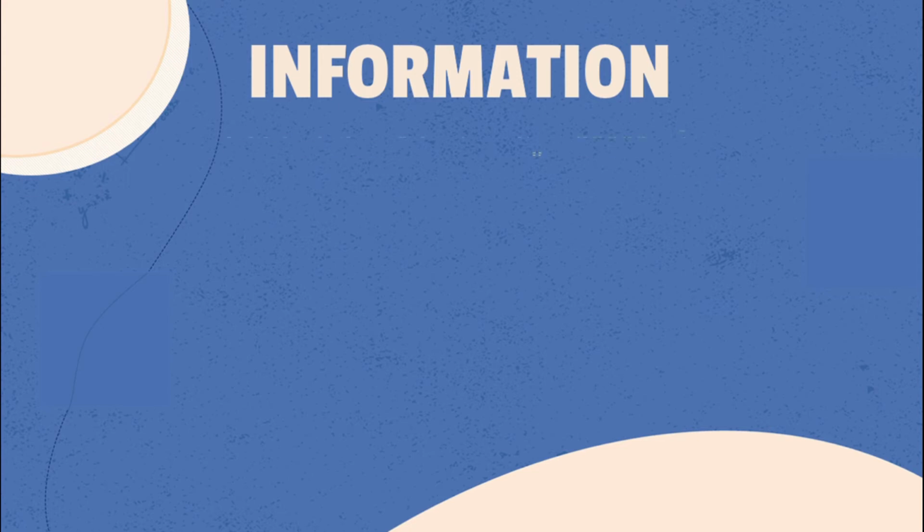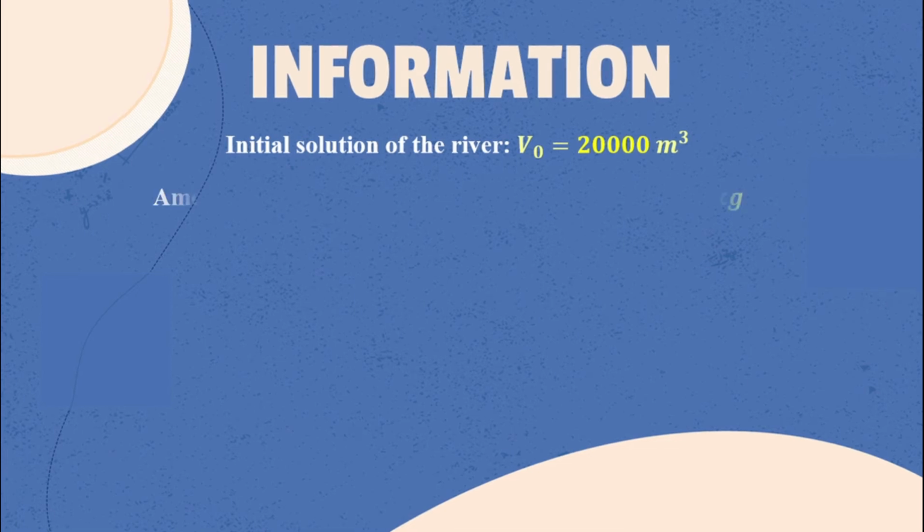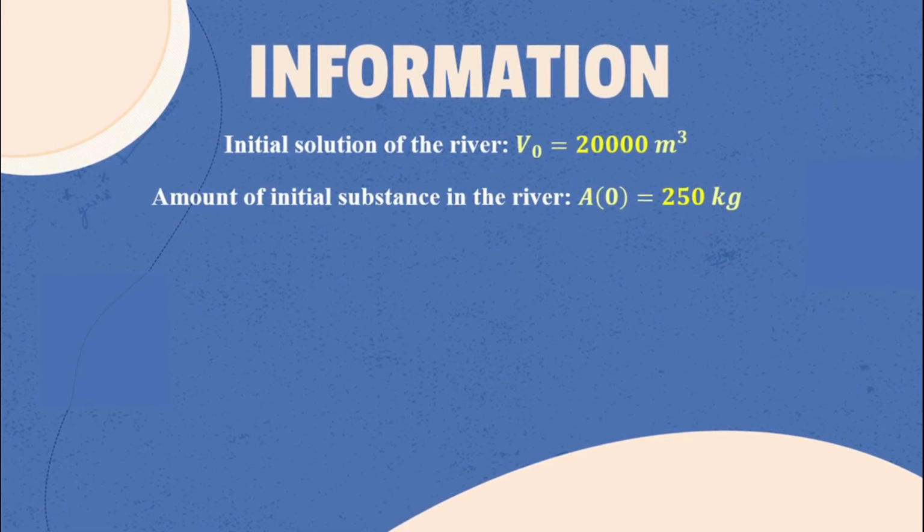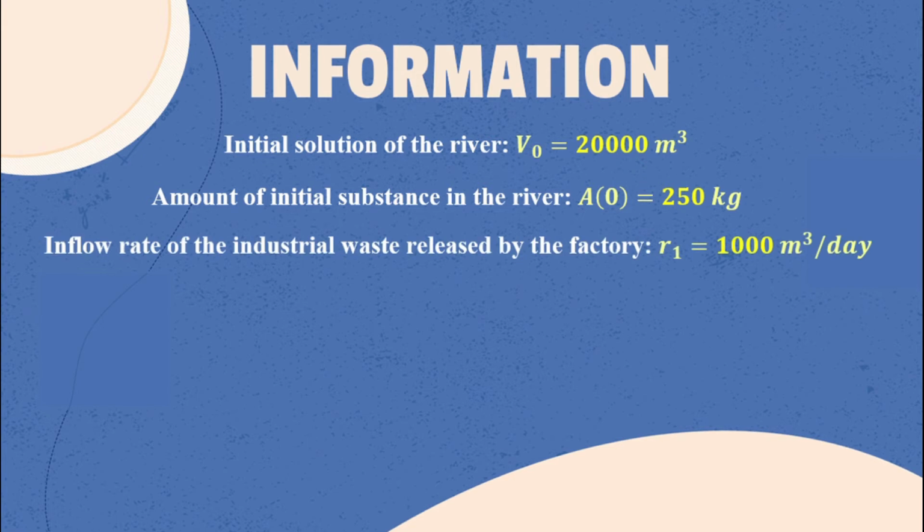First, the initial volume of solution in the river, V naught, is equal to 20,000 cubic meters. Second, the amount of initial substance in the river, A naught, is equal to 250 kg. Next, the inflow rate of the industrial waste released by the factory, R1, is equal to 1000 cubic meters per day.